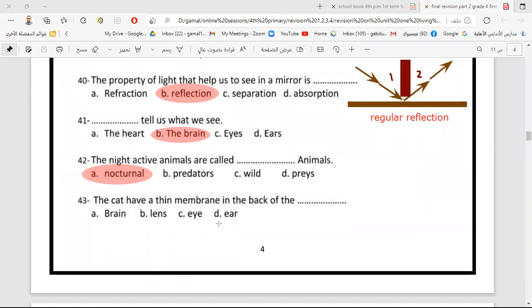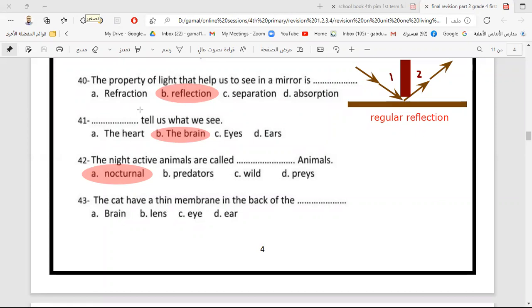But they are active during the daytime sometimes and during the night sometimes. We didn't study any animal that depends on smell at night. Okay, search on the internet and tell me. I will try, inshallah.